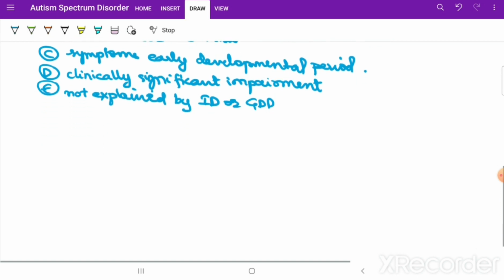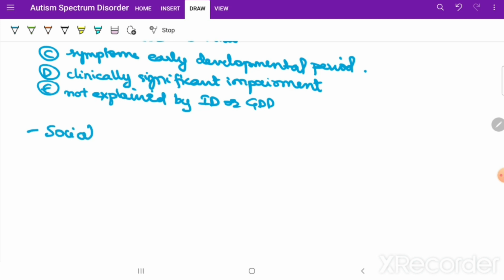What else can I mention? A few points I need to mention again in this clinical description. I want to mention that social deficits are the most consistent and reliable indicator of ASD.